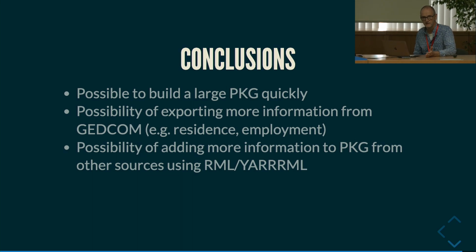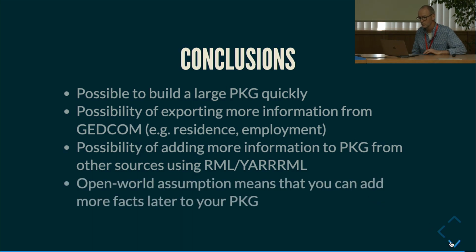There's also the possibility of adding information to your personal knowledge graph from other sources using the same technology. So basically, if you can get hold of data, it could be text message data, could be email data, whatever. If you can get hold of that in XML format or JSON format, you can write YARRRML, which will enable you to turn that into RDF, and you could then add that to your personal knowledge graph. So it's a nice, easy way to do that.